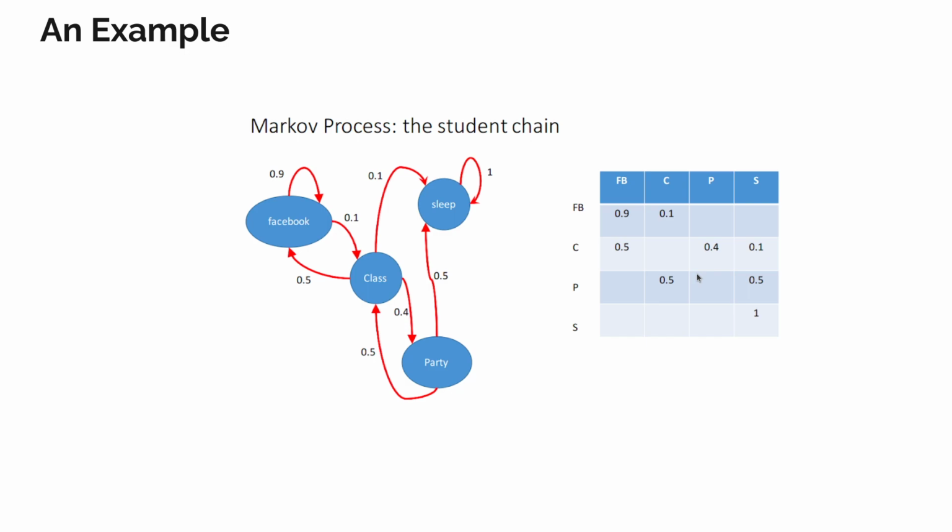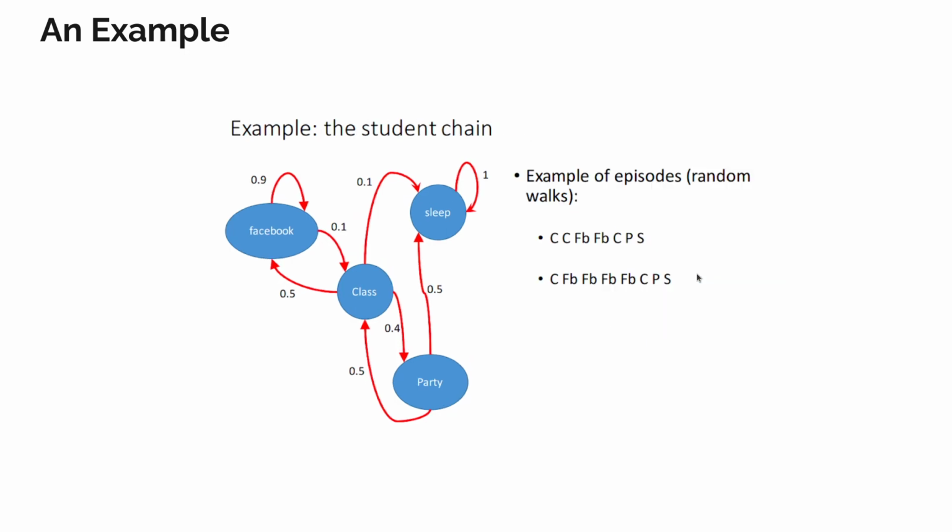Now let me explain the problem itself. You are using Facebook. The most likely probability is that you'll keep using Facebook, with 0.9 probability, and with 0.1 probability you will go to class from Facebook. You are in class. The possible actions are going to sleep, going to a party after class, or again using Facebook.